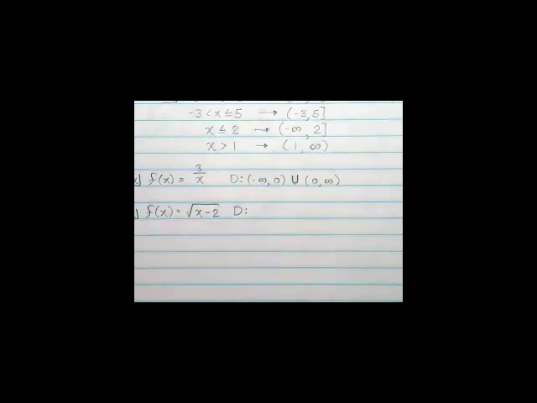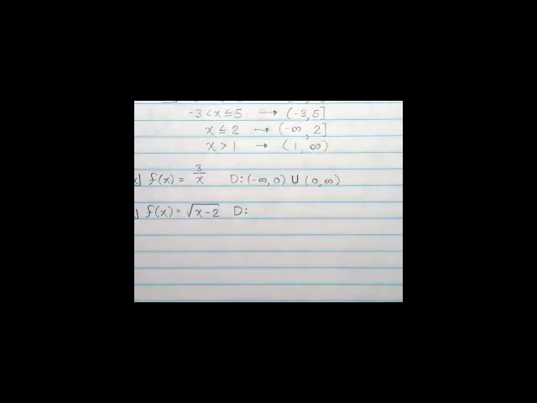Maybe start with a little guess and check. Can you put a 0 in? 0 doesn't work because we end up with the square root of negative 2. Can you put in a 1? Nope. Can you put in a 2? Yep, because if you plug in a 2, it's the square root of 0, which is 0. So technically that one does work. As long as you keep getting bigger than 2, you're still fine, it'll still come out positive. So 2 or bigger is our domain for this.